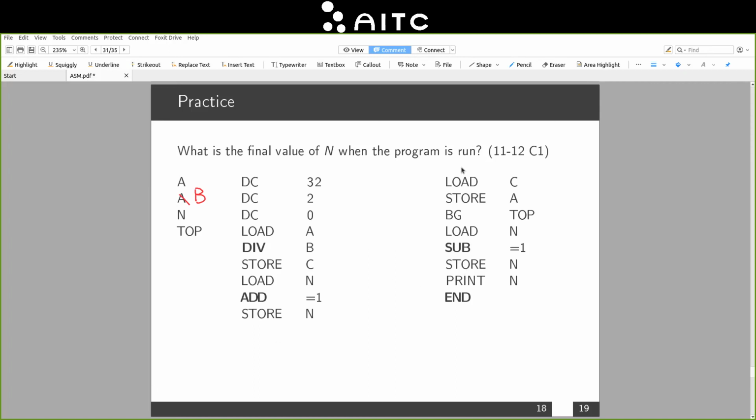C equals 1? Yes. Why? Because C equals 16, sorry, C equals 16. Oh, I can understand it because you load A, divide by B. So A is 32, divide 2 is 16.